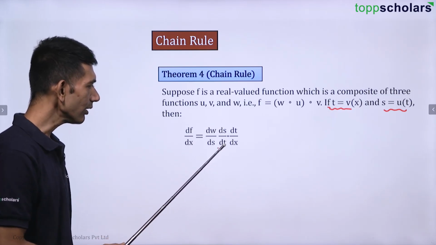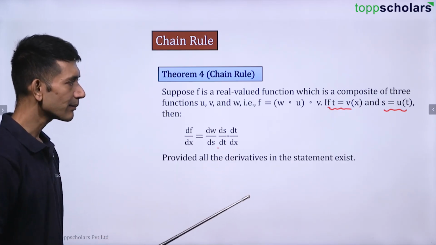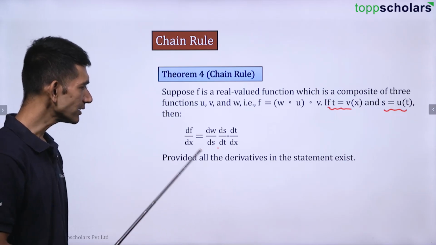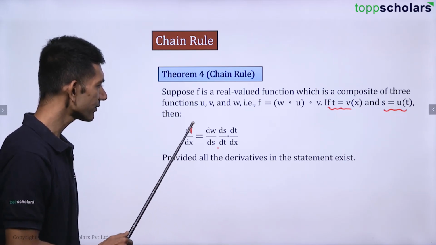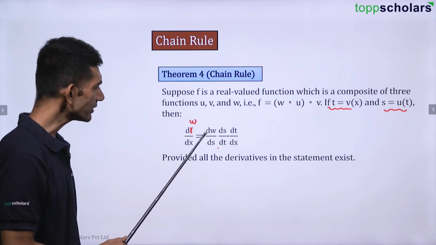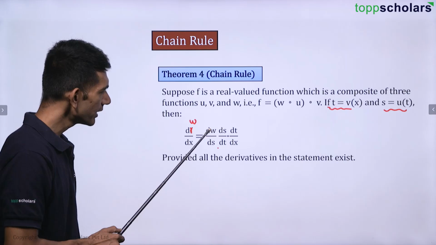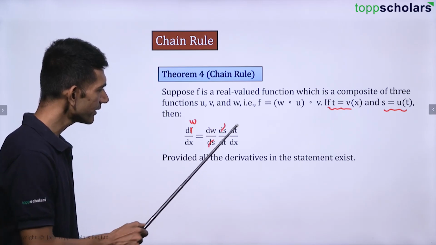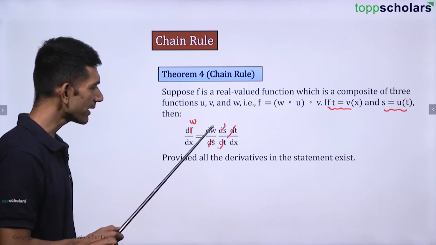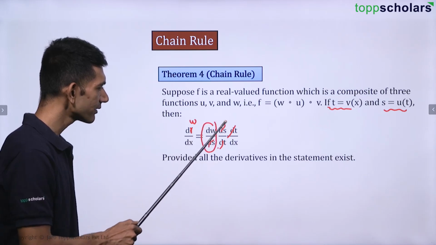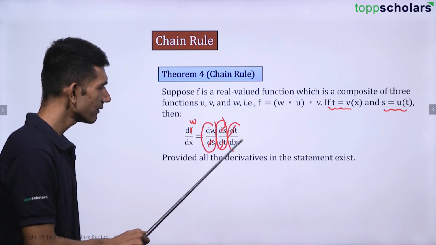So if you see overall, the result remains the same. So there is no change. By the way, this is not df, this is dw, because we are breaking it into parts, no? dw by dx. ds, dt goes. Doesn't matter. So we find out dw by ds, we find out ds by dt, we find out dt by dx.